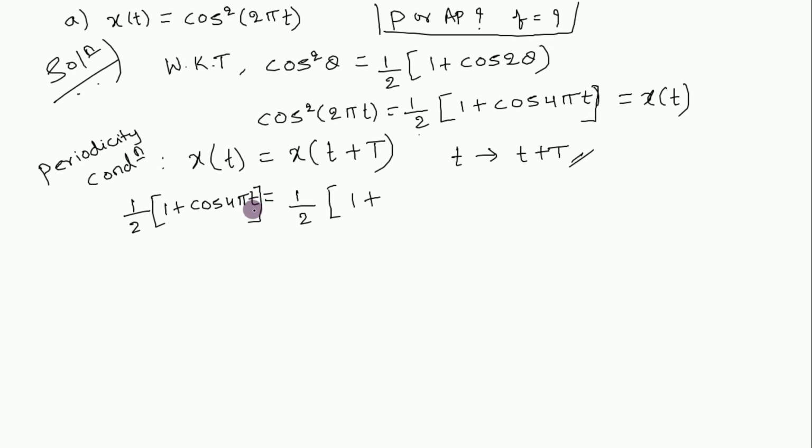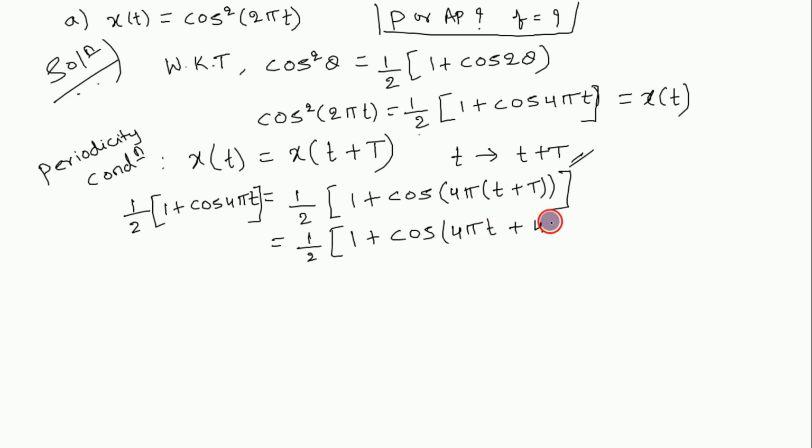At this place I need to replace t with t plus capital T. Now 1 by 2 times (1 plus, I would get cos of 4 pi t plus 4 pi capital T).